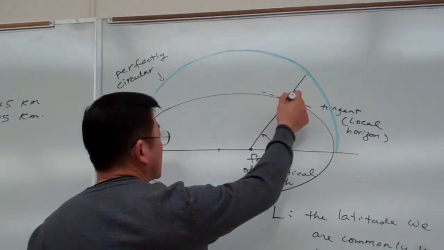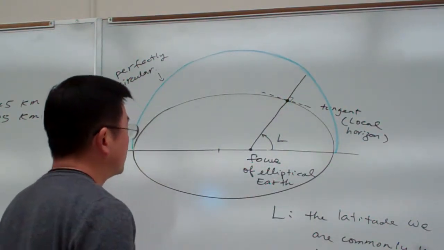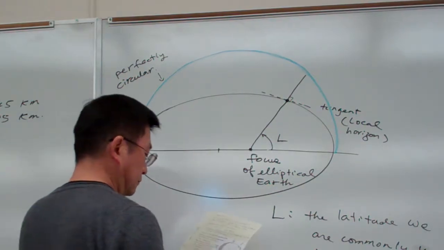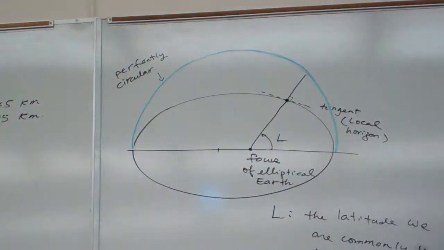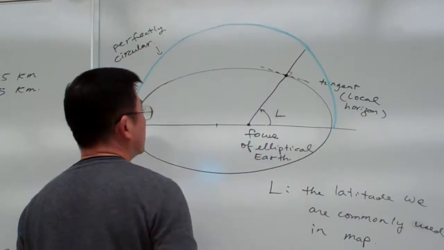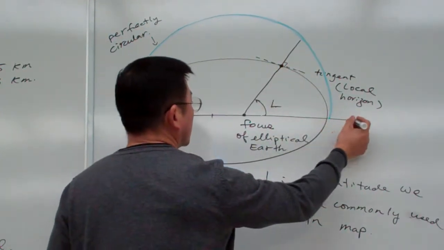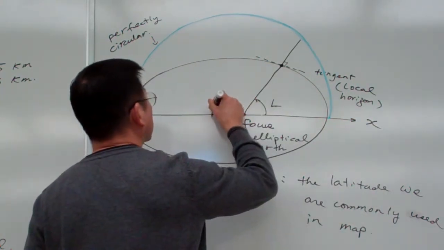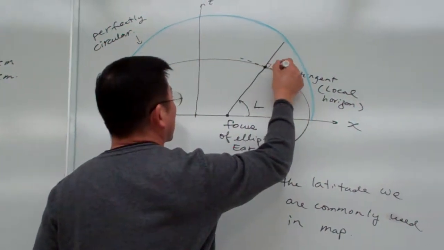Let me say this is the coordinate system X and this is the coordinate system Z. So this point has the coordinates X, Z.